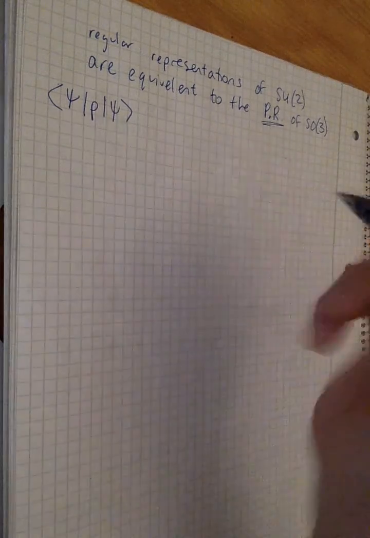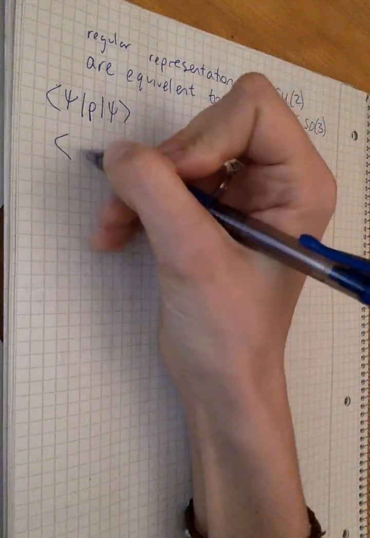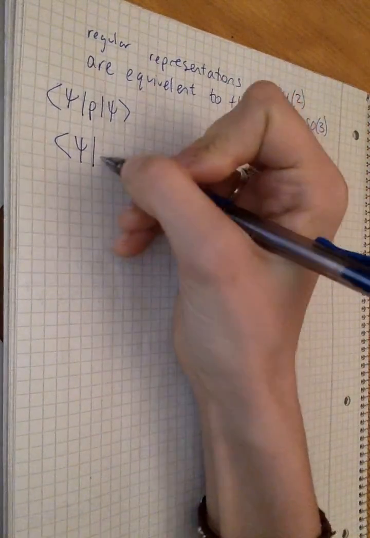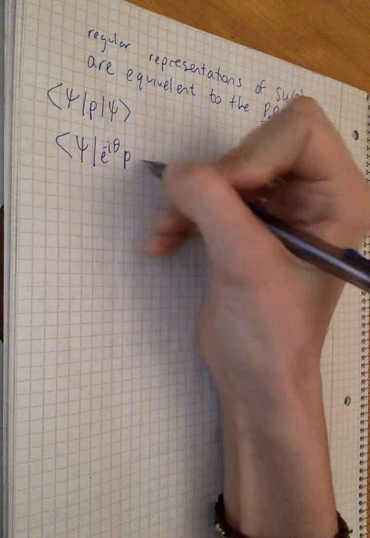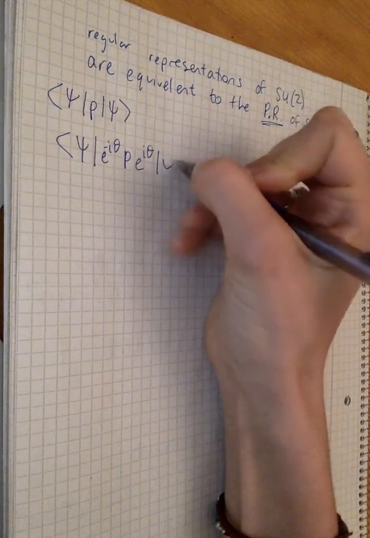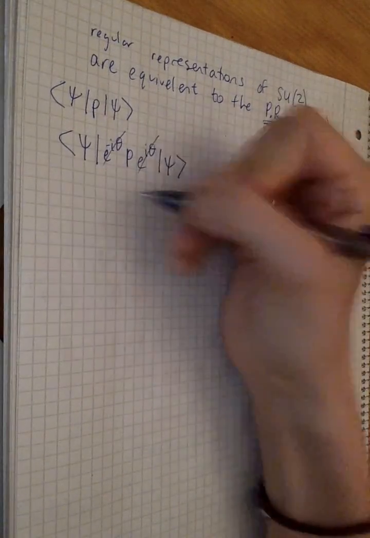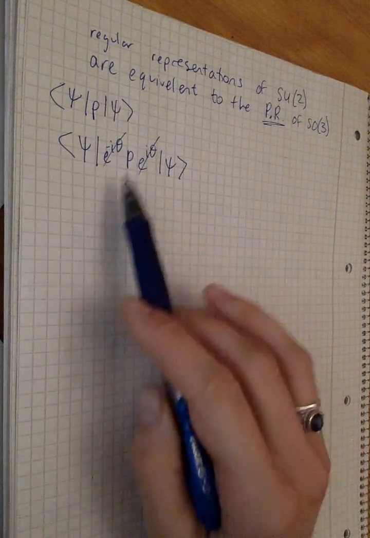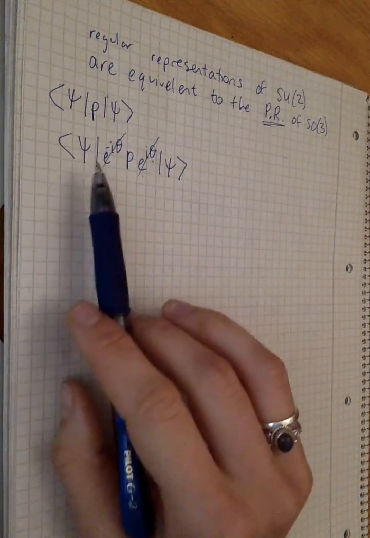Well, this results in the same thing as if we were to have the state e to the i theta psi, because we would have this. And these factors cancel each other and equal 1, and we're left with these two being equivalent statements.